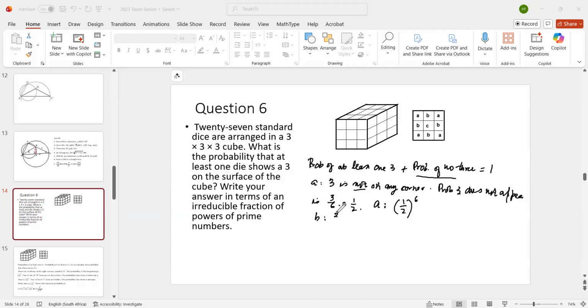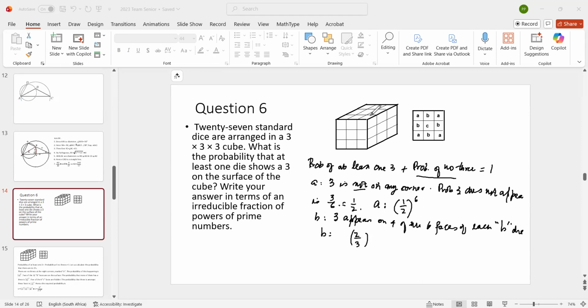In this case, 3 appears on 4 of the 6 faces of each die. This is the B die. Therefore, in the B case, 4 out of 6 means 2 out of 3. 2/3. And how many faces do you have like that?